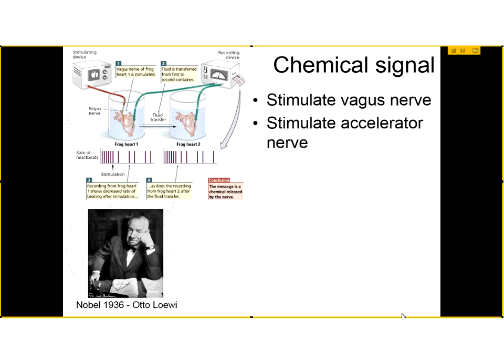One night he was trying to figure out how, he was aware of the work of Galvani, but he didn't think that electricity was the whole thing. He was interested in the idea that maybe chemicals were an important basis for communication, and he was thinking very hard to come up with a way to test this experimentally, to demonstrate evidence for a chemical signal being important.